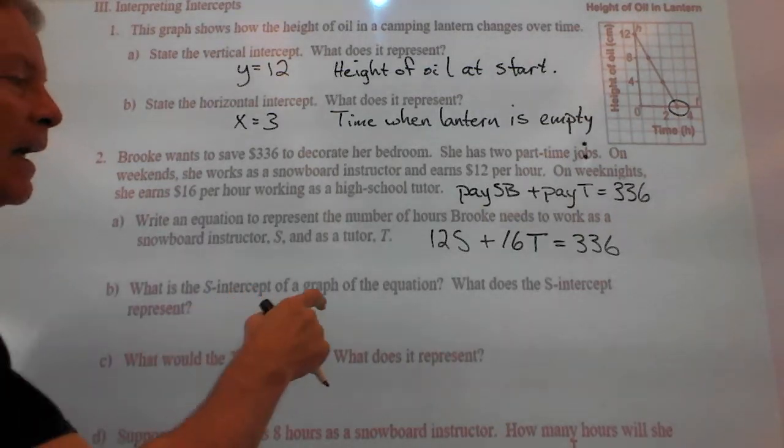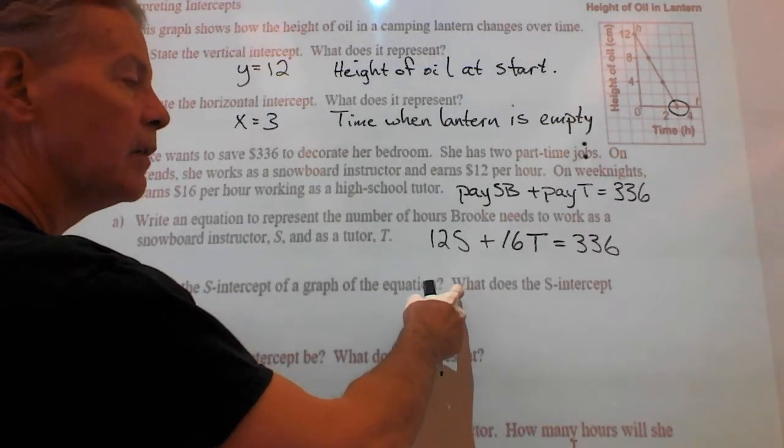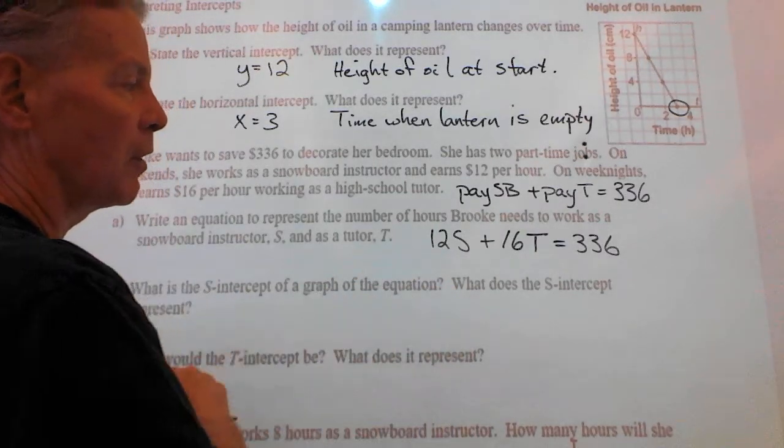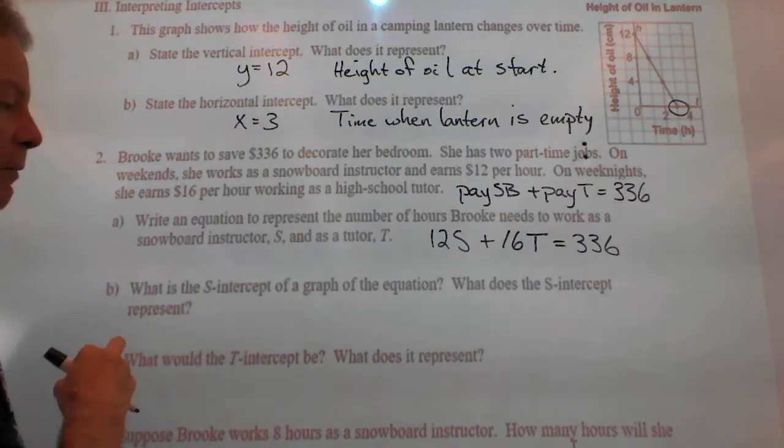So, the S-intercept, to find that, we would have to graph our equation.